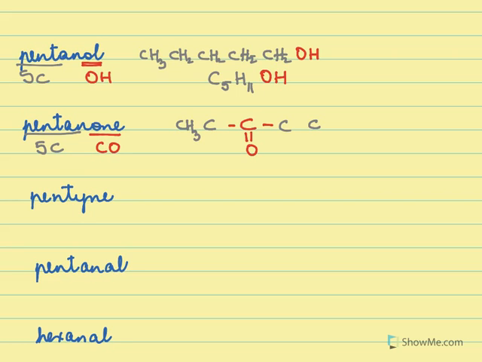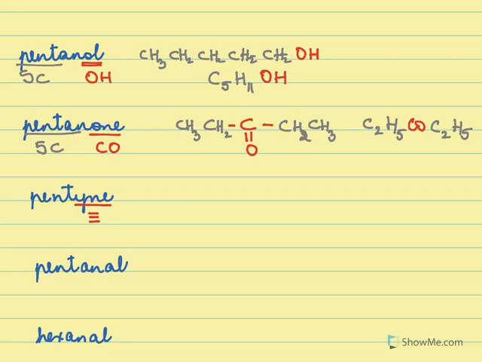So this would be CH3, this would be CH2, CH2, it's not terminal, CH3. So this would be now pentanone. You could also write it like this, C2H5 on one side, then CO, and on the other side C2H5. That would be pentanone.